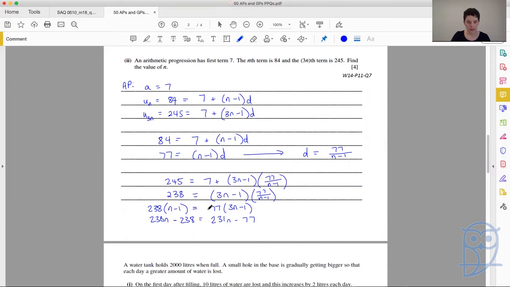Bringing them all together, 238 minus 231 gives us 7n, 238 minus 77 gives us 161, and n then equals 23. So the value of n, where our nth term is 84 and our 3nth term is 245, is n equals 23.